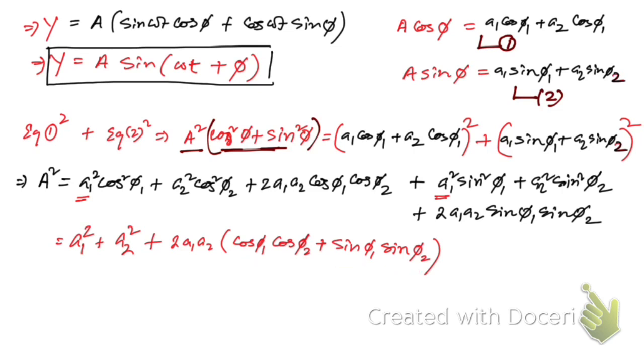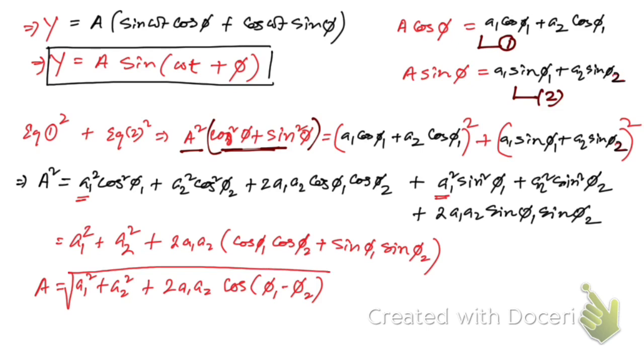This is the cos(a minus b) formula, you can use the trigonometric identity. So that's going to be cos(phi1 minus phi2). Here a1 square plus a2 square plus 2 a1 a2 cos(phi1 minus phi2). So this is the resultant amplitude. If you remove this square, then here we have to put a square root. So this is the resultant amplitude.